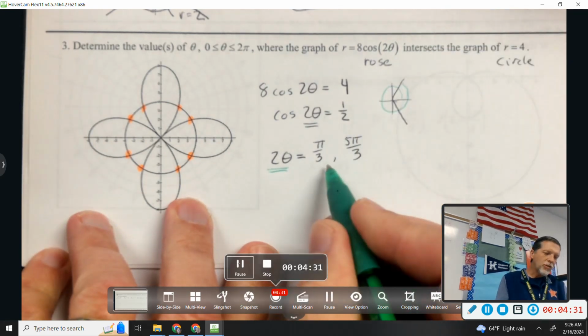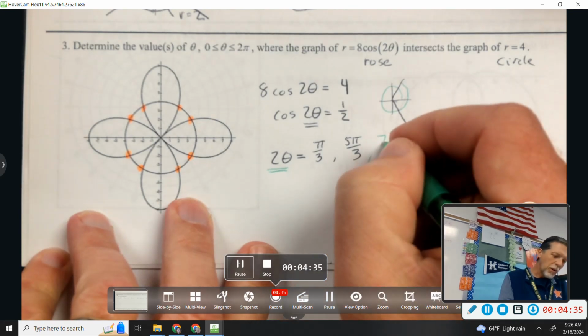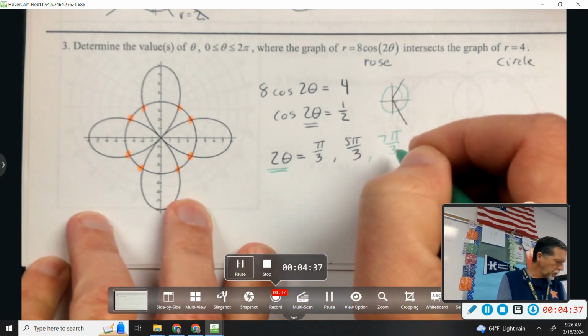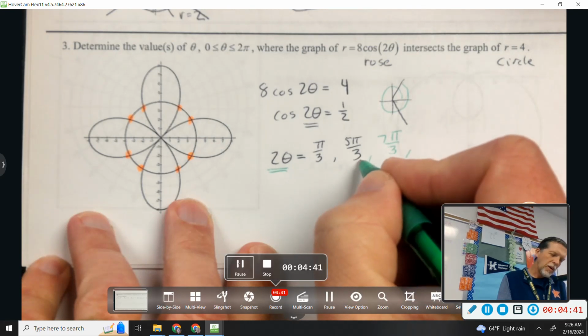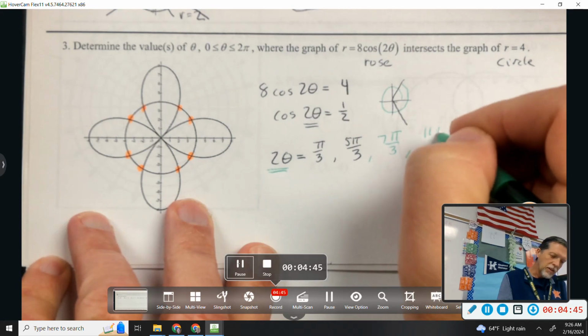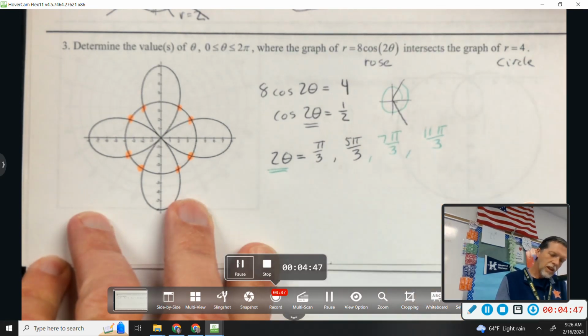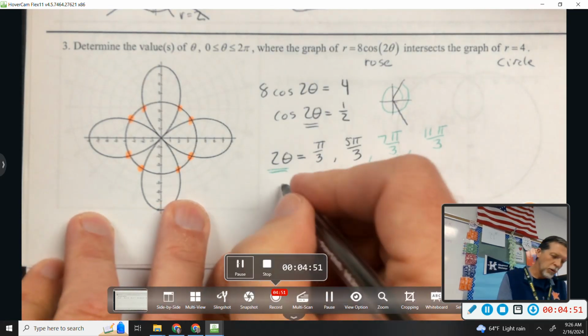So I can add 2 pi to pi over 3. So that would be 7 pi over 3. And 5 pi over 3 plus 2 pi would be 11 pi over 3. We need to divide by 2.